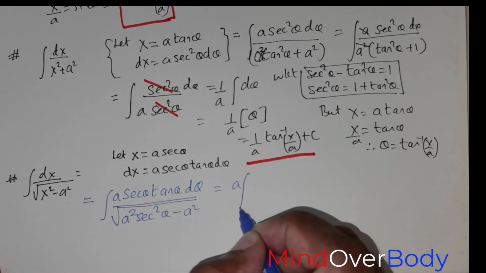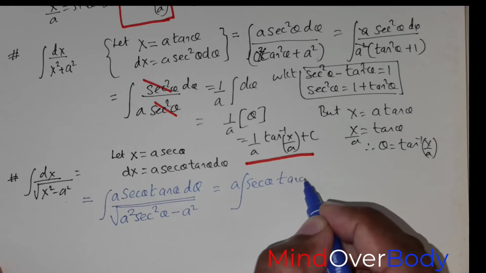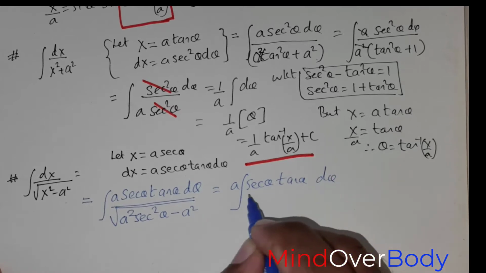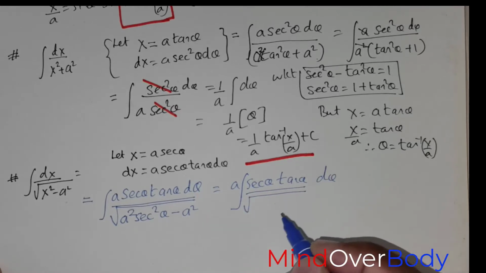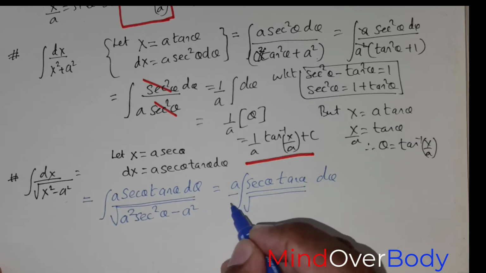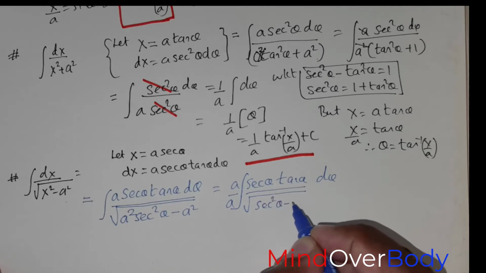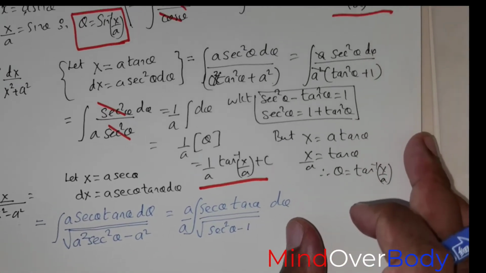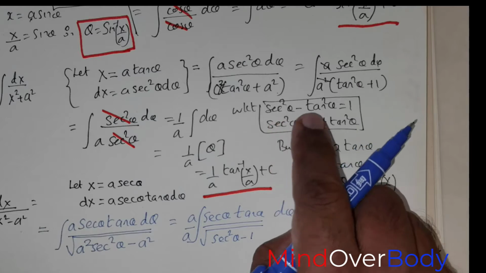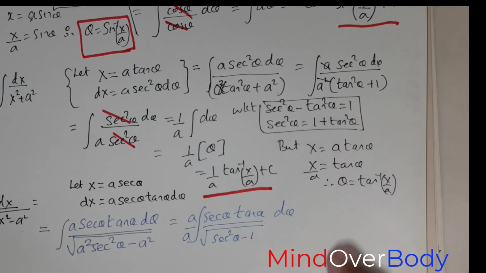I can take a out, so it's integral secant theta tan theta d theta over square root of, a squared can go out, so I get a here, and inside is secant squared theta minus 1. But as I mentioned, secant squared theta minus tan squared theta is equal to 1. So secant squared theta minus 1 is going to be tan squared theta.